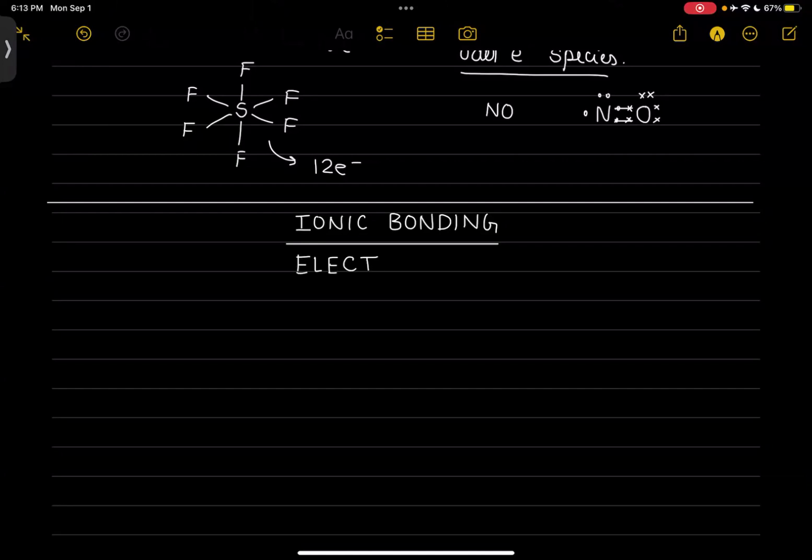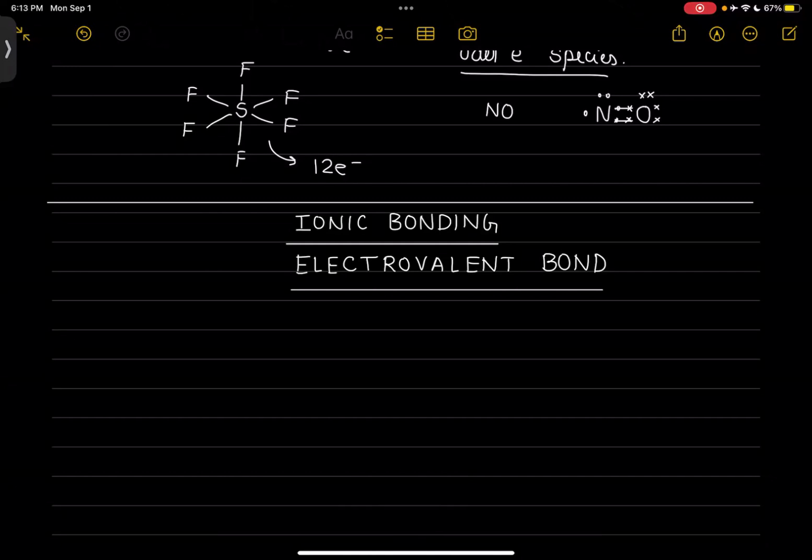How will you define it, Nabila? Just quickly tell me. The bond formed between metal and non-metal, ionic bonding. Yeah, it is. Yeah, so there is one more thing you need to do. Somebody may ask you, is it by sharing or the complete transference of electrons?